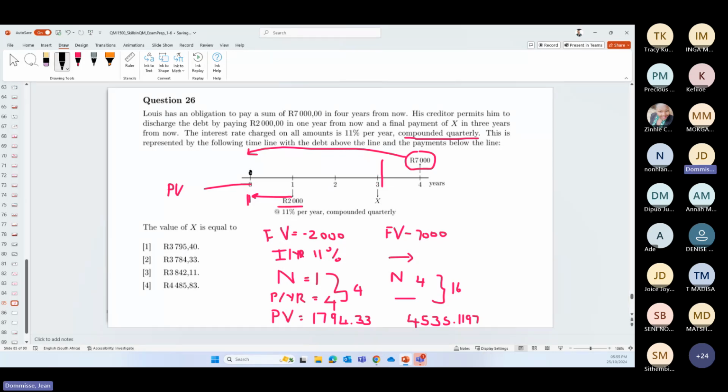So now we take what is left as your current present value, 2740, and I don't know if we need to round off, but let's say we round off to 79. So that will be this one that now goes forward for 3 years, still the same interest of 11%.